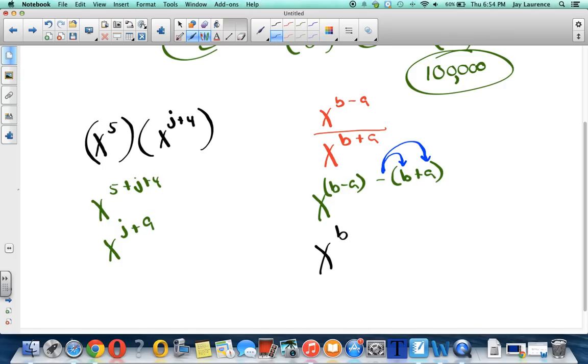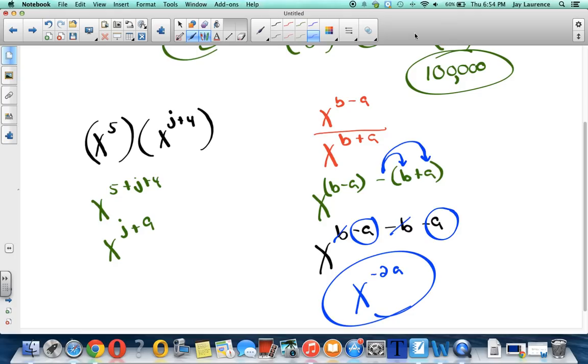So I'm going to have x to the b minus a minus b minus a. Well, combining like terms, the b should cancel out. So I'll have x to the negative 2a. I'm done. Too easy.